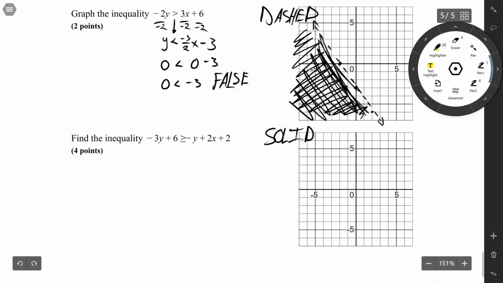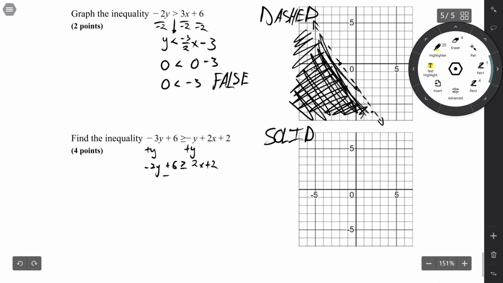Uno mas, and we are all done with the packet. I'm going to get all of my y's over to one side by adding a y here. So I'd get negative 2y plus 6 is greater than or equal to, let's see, 2x plus 2.